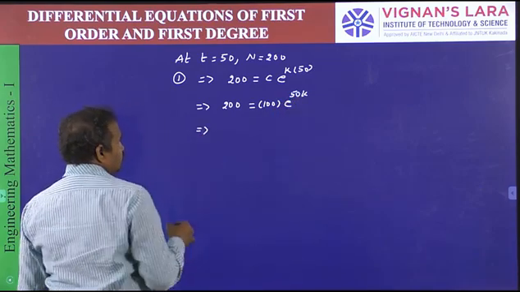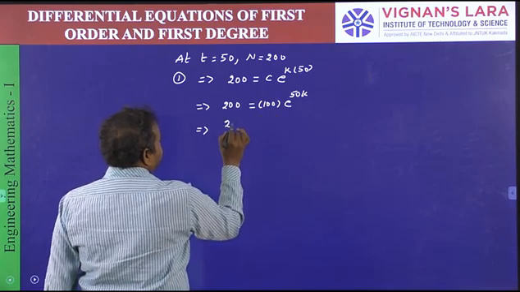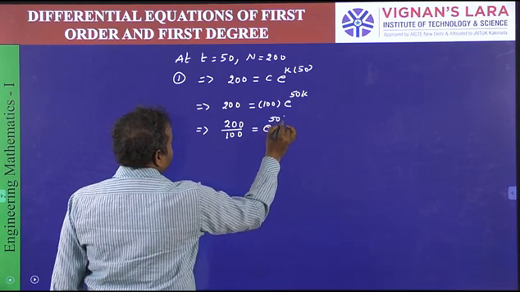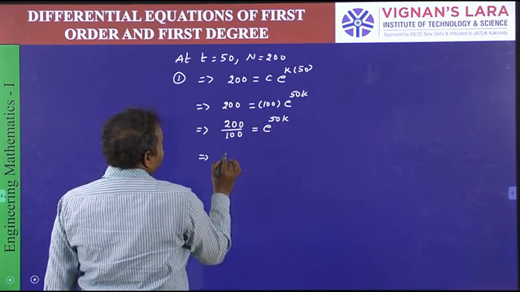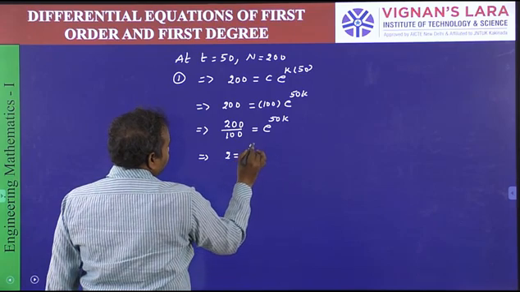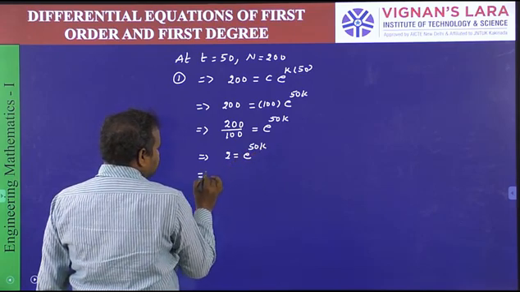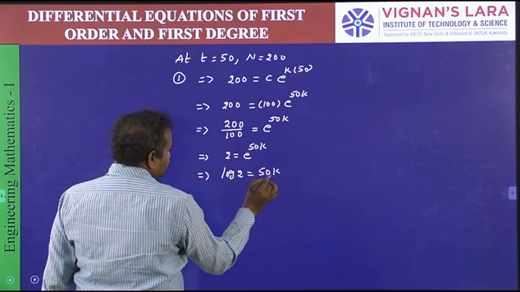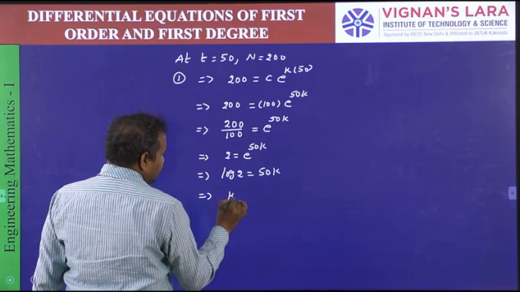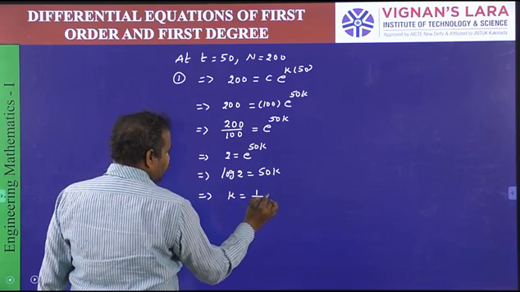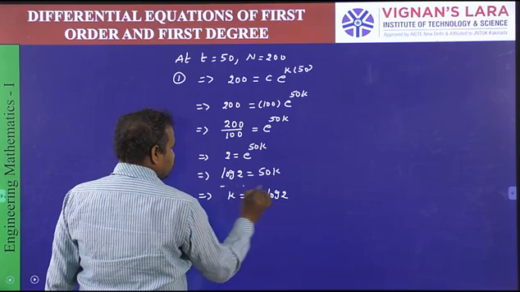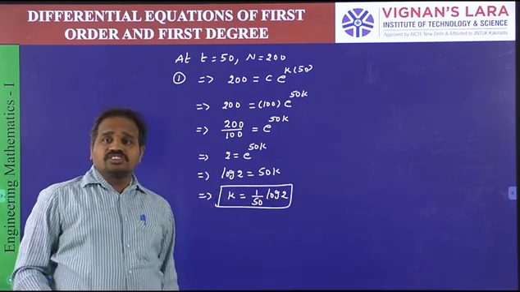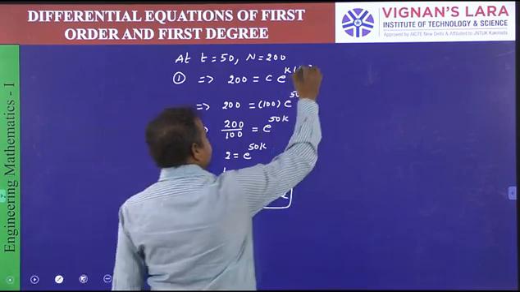This 100 comes to the left-hand side: 200 by 100, which is 2, is equal to e power 50k. Exponential comes to this side: log 2 is equal to 50k. 50 comes to the left-hand side: k is equal to 1 by 50 into log 2. So this is the value of k. We evaluated two unknowns, C and k. Now we are calculating the time.